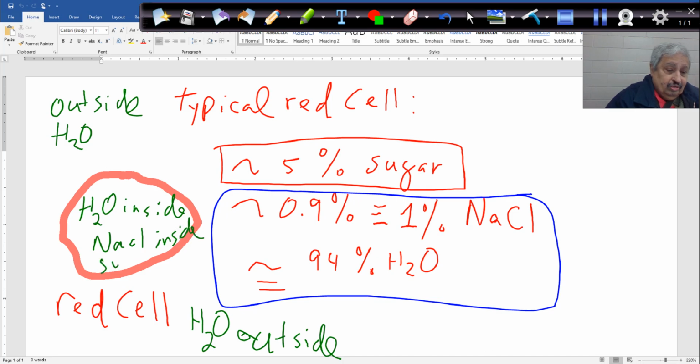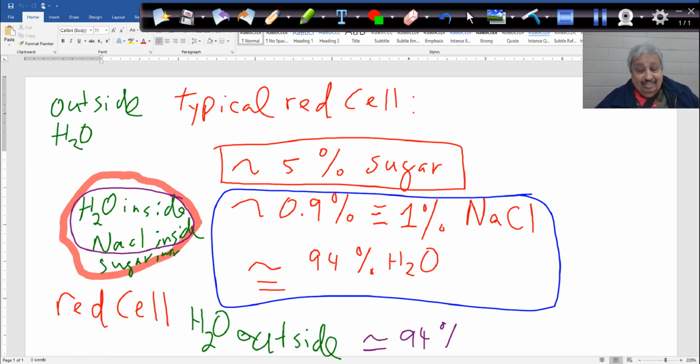Of course, sugar as well inside. So now we are interested in those two here. If the H2O outside is, say, 94% and inside is 94%, then we speak about a healthy cell, a healthy red cell.